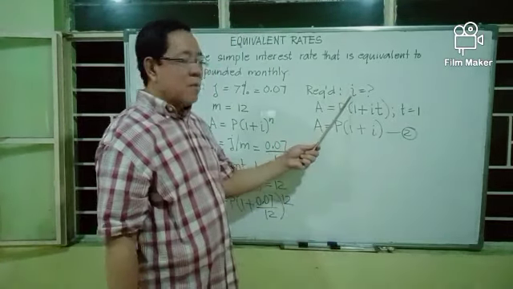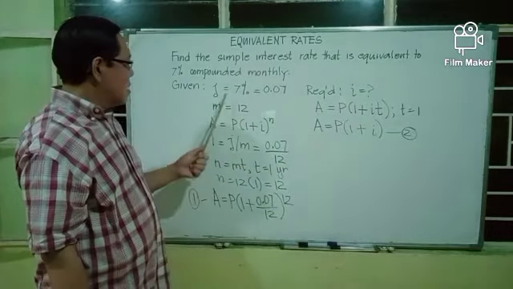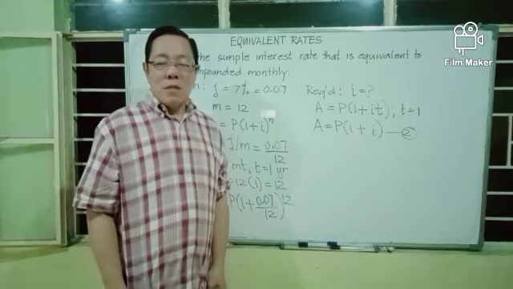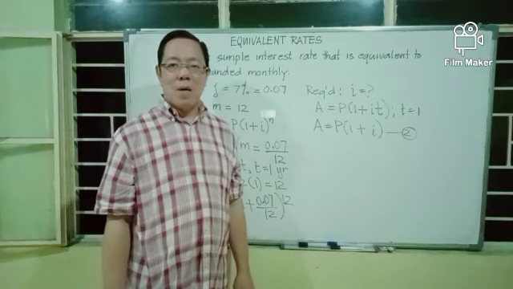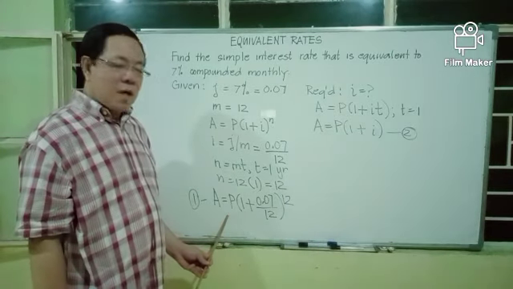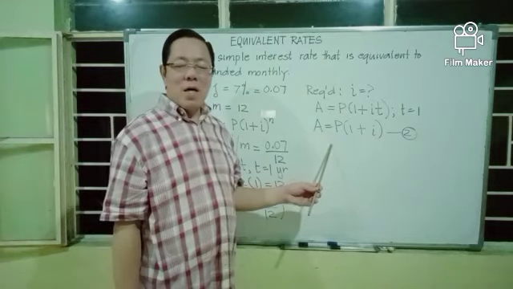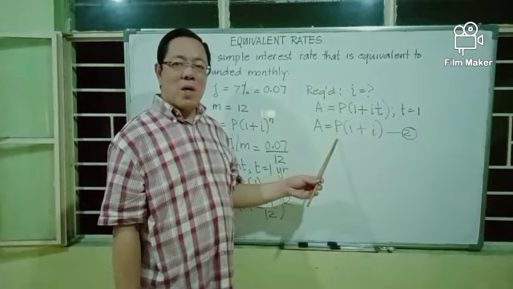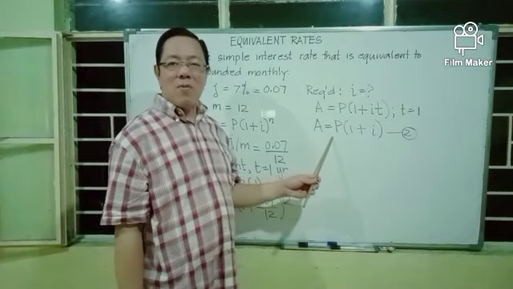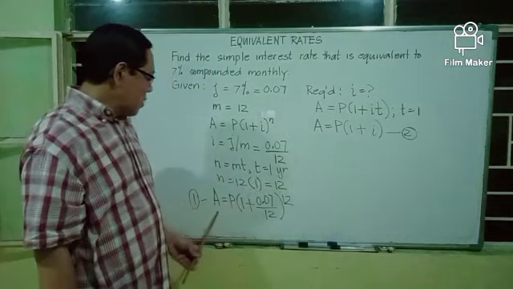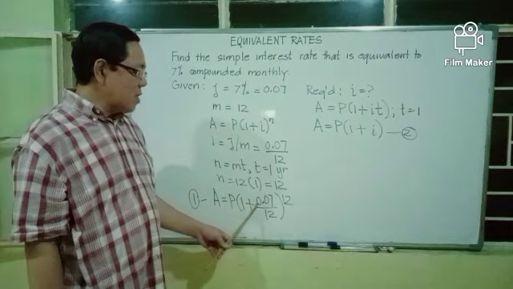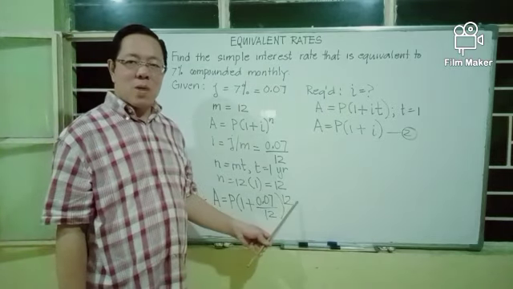Because the unknown simple interest rate and the given compound interest rate compounded monthly are equivalent rates, they should produce the same accumulated amounts. Thus, we equate the accumulated value A from equation 1 to the accumulated value from equation 2. In equation 1, the value of A is P times quantity 1 plus 0.07 divided by 12 to the power 12.